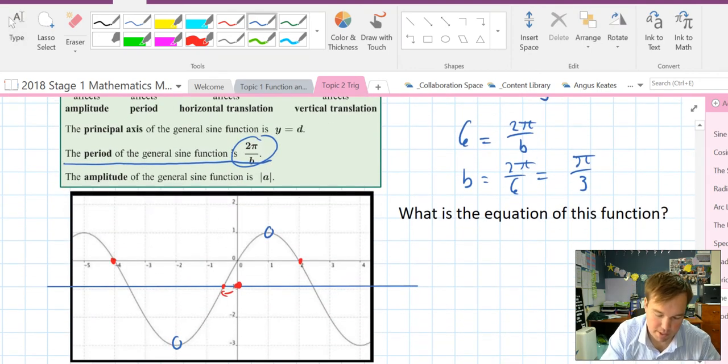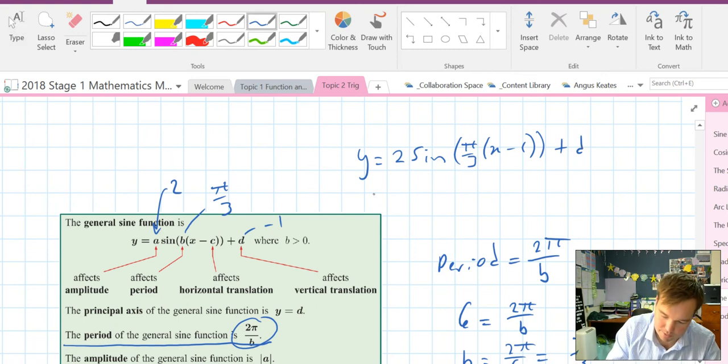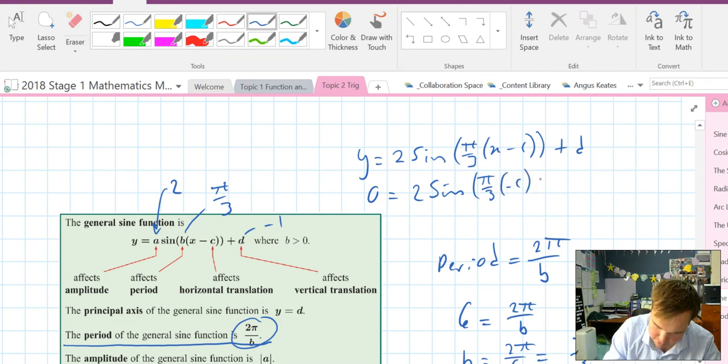We could choose -4, 0, 0, 0, or 2, 0. I'm going to choose 0, 0. So 0 equals 2 sine pi on 3 multiplied by take c, because x is 0 as well, plus d. I should have written d there, because d is -1.